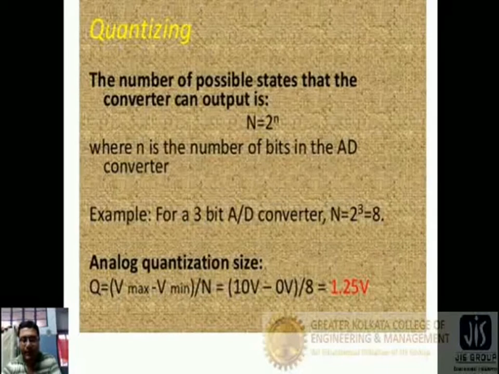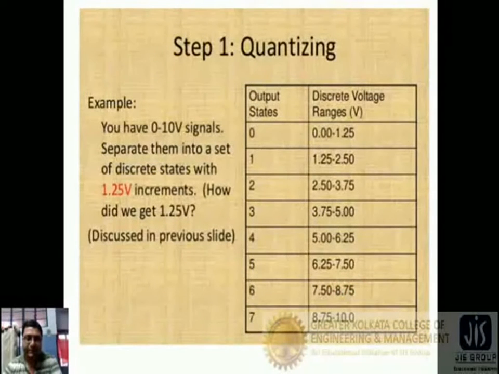So quantization: we have 0 to 10 volt signals. Separate them into sets of discrete states of 1.25 volt, which we discussed in the previous slide. So each step is quantized. For state 0, we take the limit of the input signal.